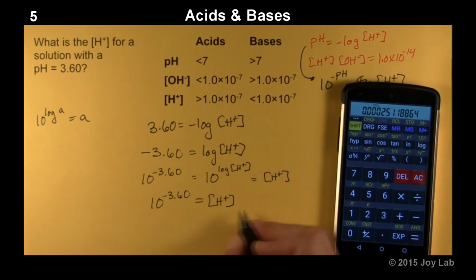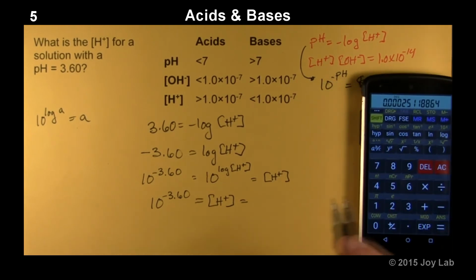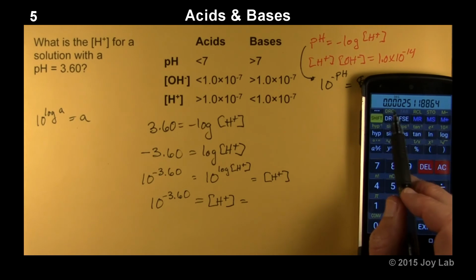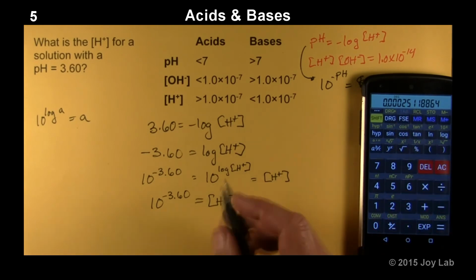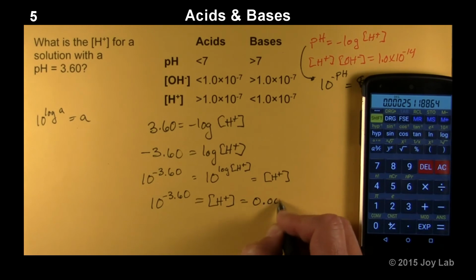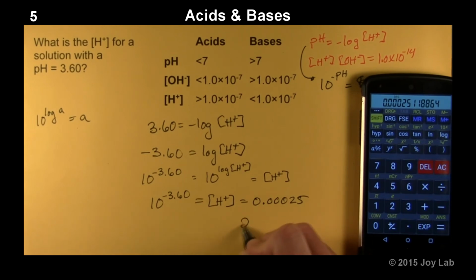So I know that my hydrogen ion concentration to 2 sig figs, those zeros aren't significant, but the 2 and 5 are, so we're going to call this 0.00025. Or if we wanted to put it in scientific notation, we could say 2.5 times 10 to the negative 4, either one.